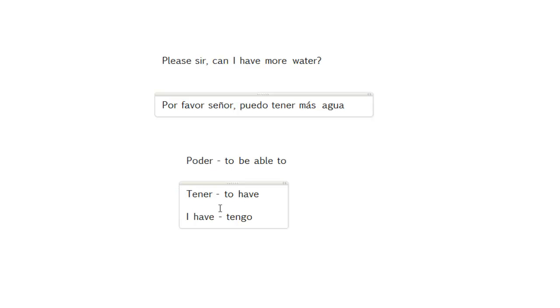What can we do? So now we'll have a look at tener, because I also want to show you, we have this little thing where you say I have to. For example, I have to go. Okay. Now, to go in Spanish is ir. It's just ir, like that.